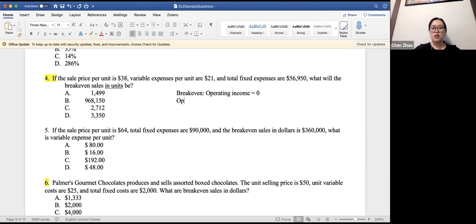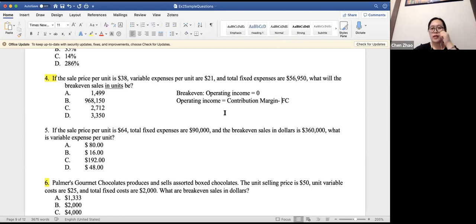And then for the contribution approach income statement, what is operating income? Operating income equals contribution margin minus fixed cost, right? And then if operating income is 0, that means contribution margin will be equal to our fixed cost, right?